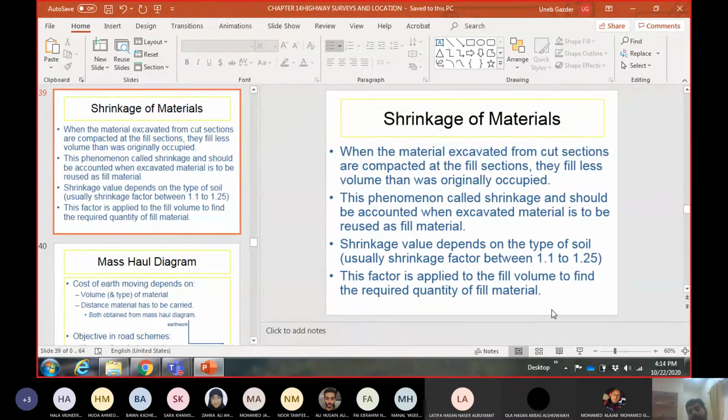It may lose 5 cubic meters of air or water. That means if I want to fill a space of 100 cubic meters, I should ask for more material to be brought on site, so that after filling and compaction it can fill up the required space. Keep in mind, I'm saying again and again, this is for filling. The shrinkage phenomenon is considered when you are considering the quantity of fill material.